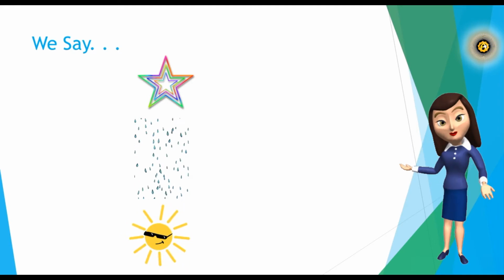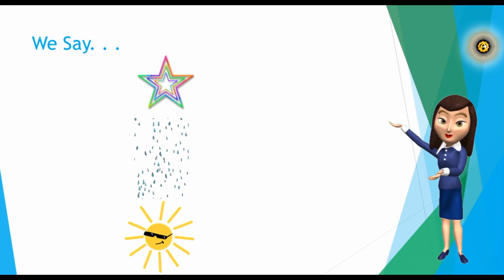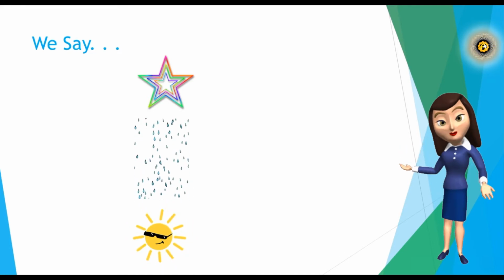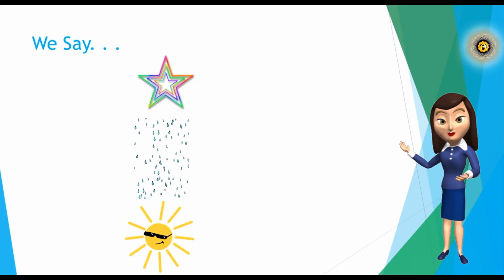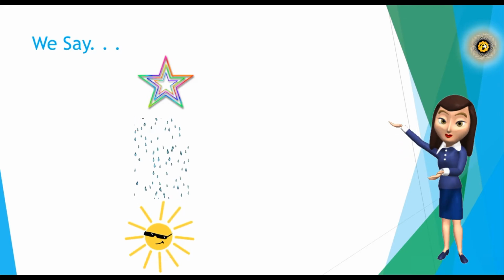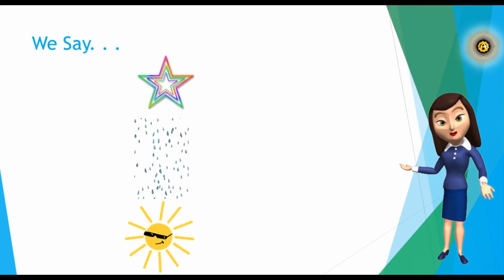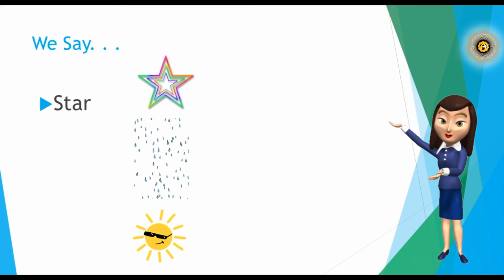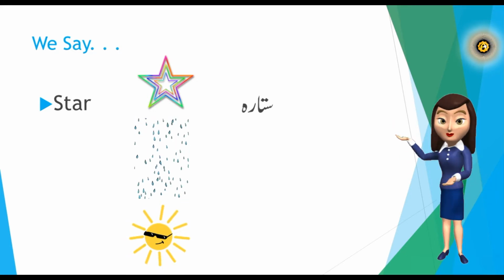You can see some pictures in front of you. Let's learn what these are called in Urdu. We say star in English, and in Urdu it is sitara.